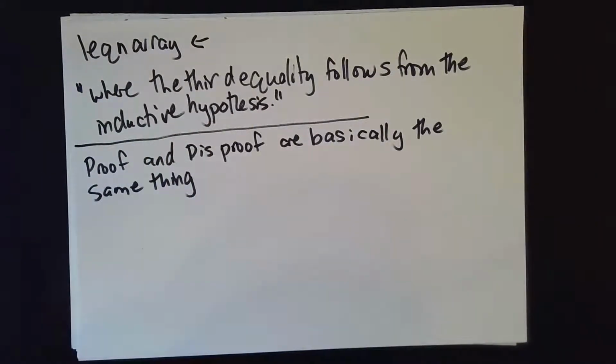Now, of course, in some sense, proving something and disproving it are as far apart as it is possible to be, because one is saying the thing is true and one is saying the thing is false.